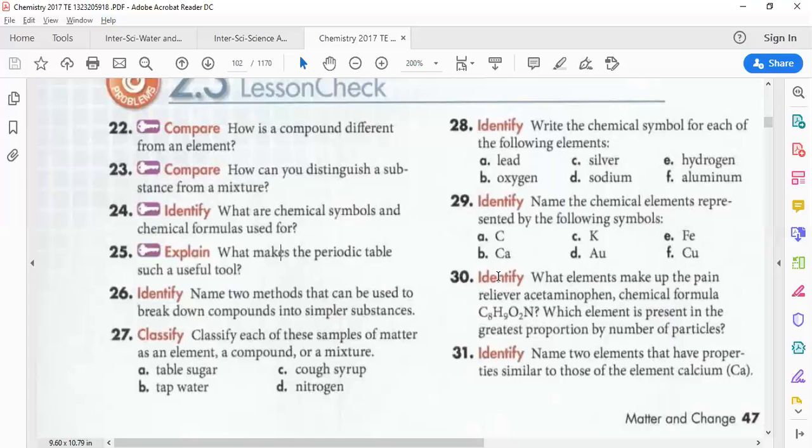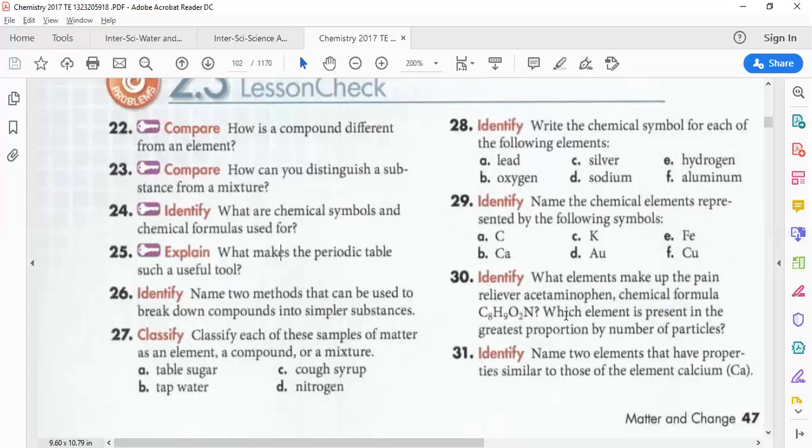Identify which element makes up the pain relief in the acetaminophen chemical formula, which is C8H9NO2. Which element is represented in the greatest proportion by number of particles?